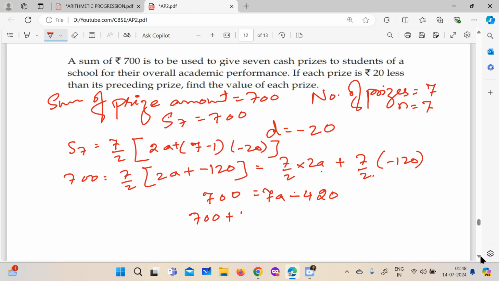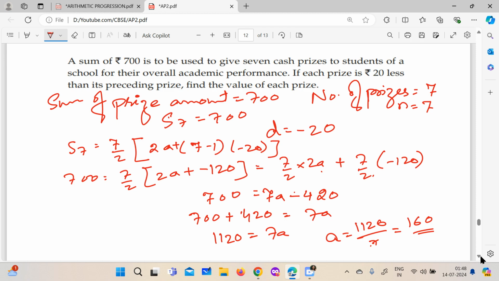So when you bring it this side, this will be plus 420, and that is giving us 1120, which is equal to 7a. Then a equals 1120 over 7, and that will be 160. So here we are getting the first amount as 160.